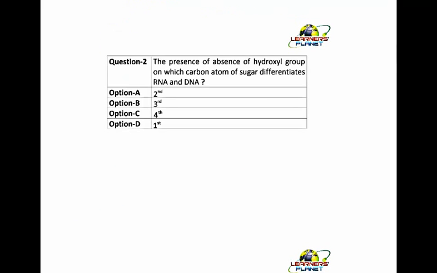Let's take up our next question, students. This is from biomolecules, a topic which students normally leave, but very simple questions come from it. The question is: the presence or absence of a hydroxyl group on which carbon atom of sugar differentiates RNA and DNA?